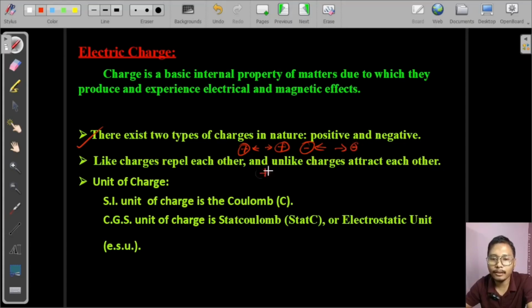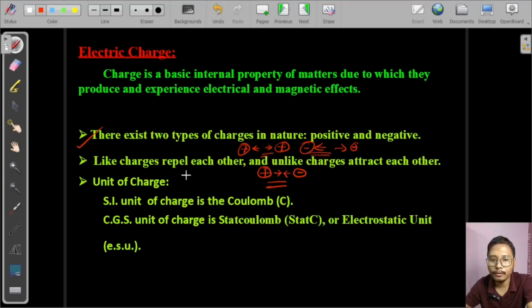But unlike charges, that means charges with opposite signs, what do they do? They attract each other like this, and like charges repel like this.